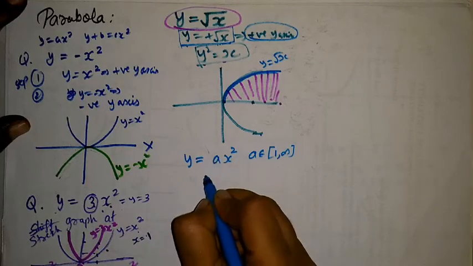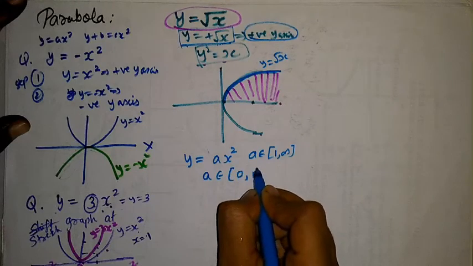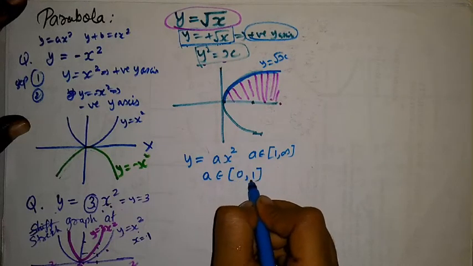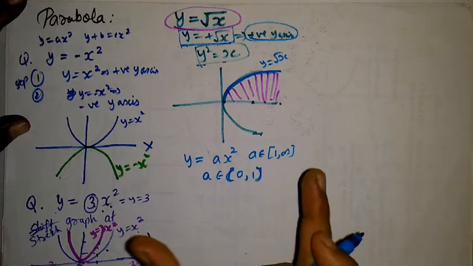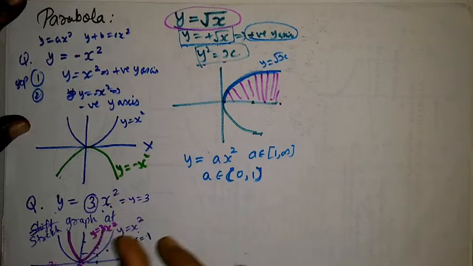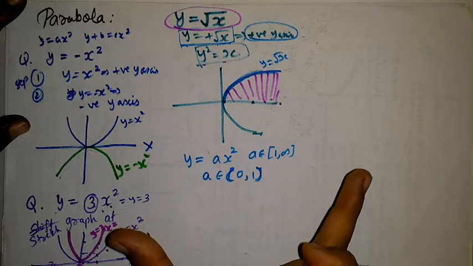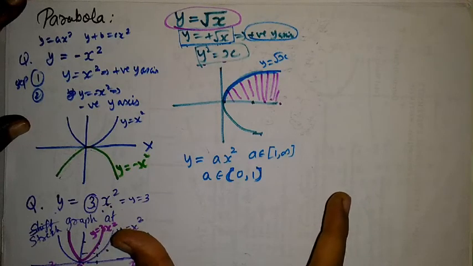But when a belongs to 0 to 1, then the graph will be compressed there, and here it will stretch, means it will become broader.